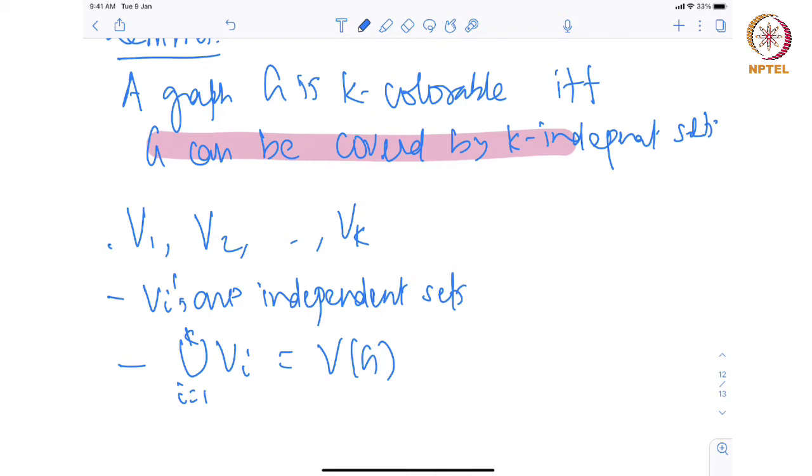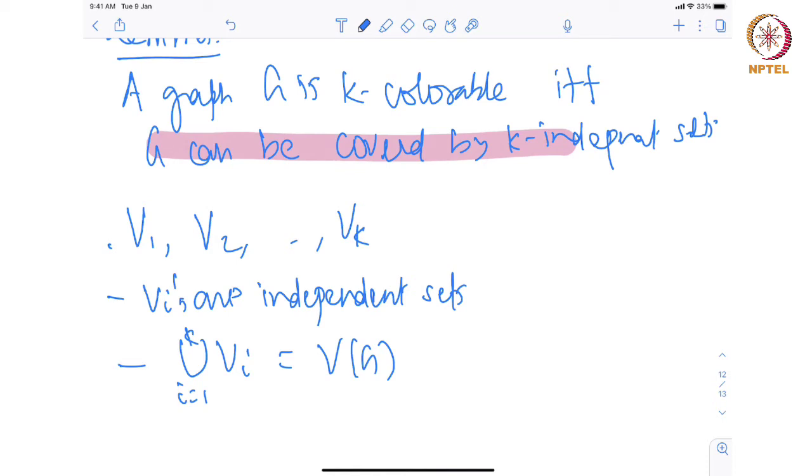What is the meaning of partition? A vertex will not appear in two different sets. Of course, k coloring is the same as partitioning into k independent sets, but in fact, it is k colorable even if you can cover all the vertices with k independent sets.